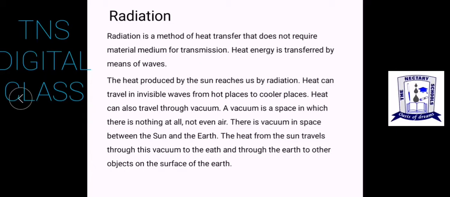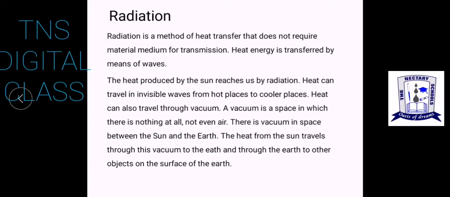The heat produced by the sun reaches us through this radiation. The sun is a bit far from us. The sun is several kilometers away from the earth, but still, when the sun rises, we feel the hotness of the sun.